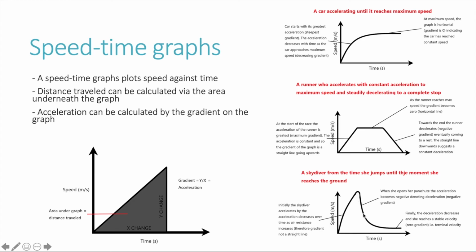And eventually, as they fall with the parachute open, the speed levels out as a result of what we call terminal velocity, when the gravitational pull becomes pretty much equal to the air resistance, the force that pushes upwards.